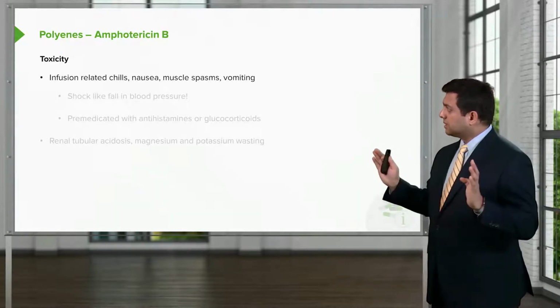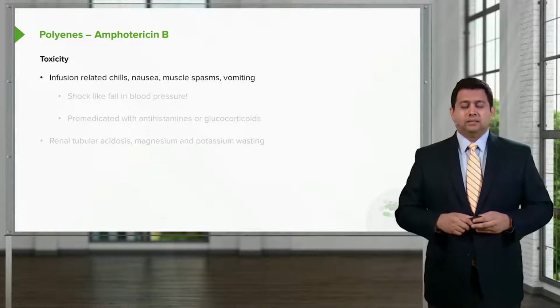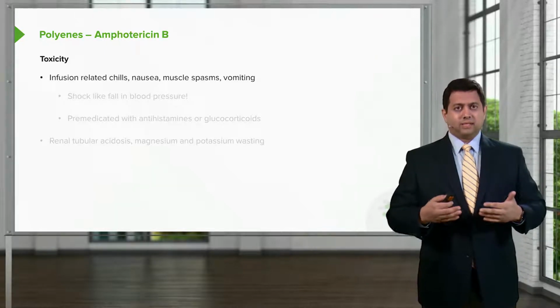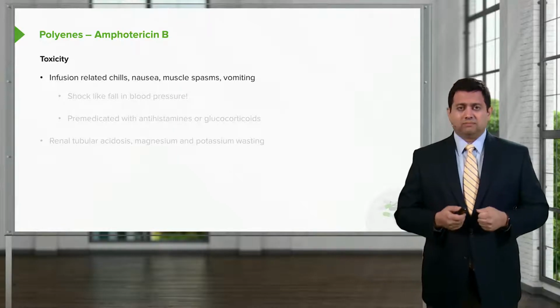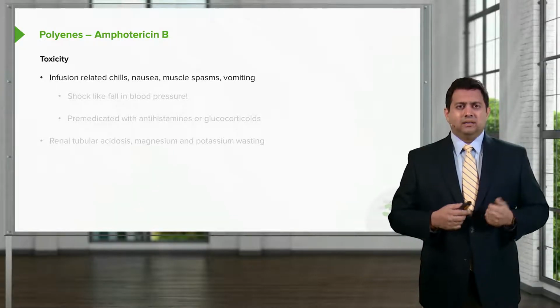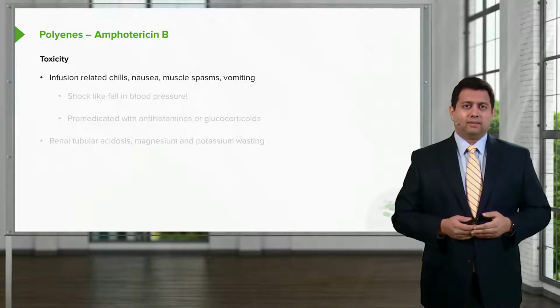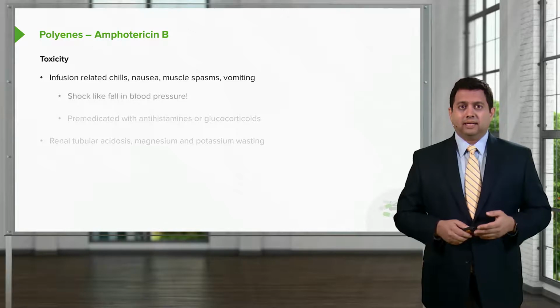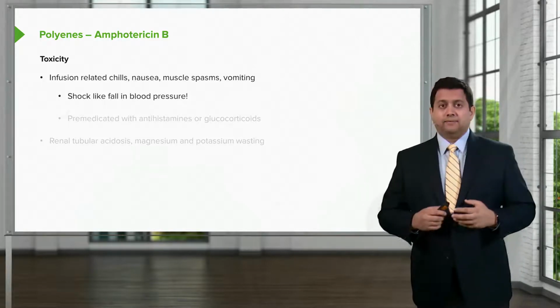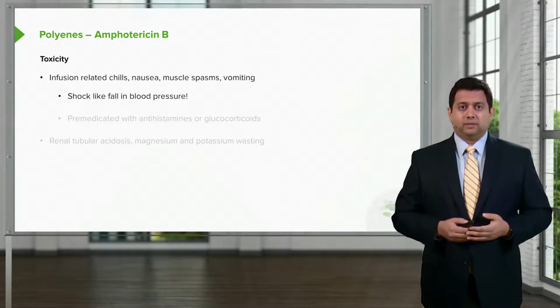Now, in terms of the toxicity of this medication, the most interesting thing that I've seen with this agent is infusion-related chills. So patients suddenly start feeling very cold, and I don't really have an explanation as to why that's occurring. Patients will also have nausea, muscle spasms, and vomiting, and sometimes patients will have a shock-like fall in blood pressure.